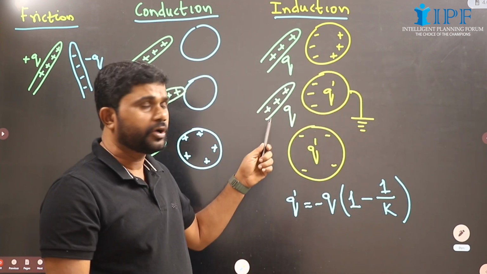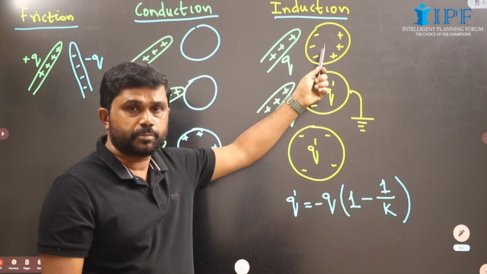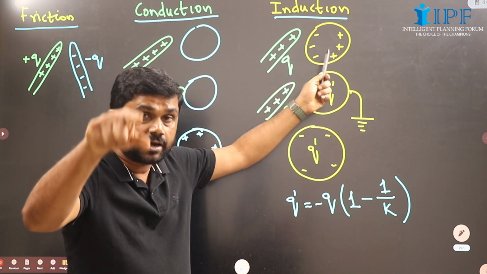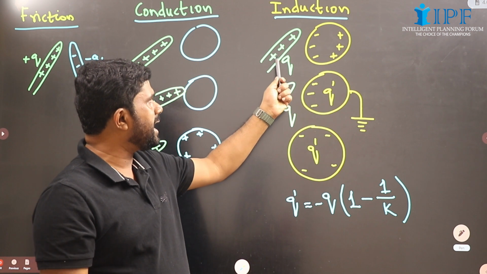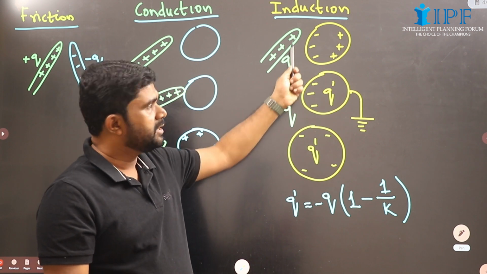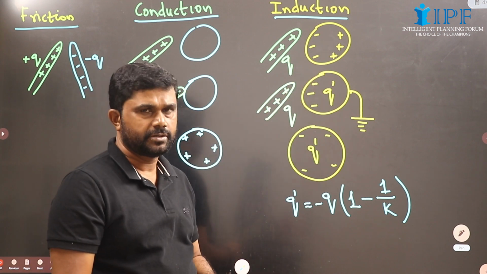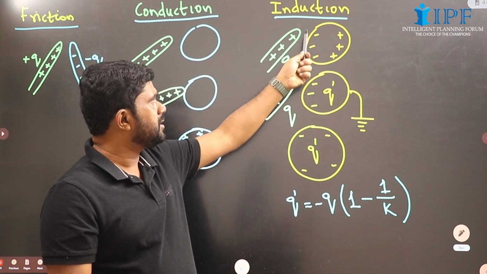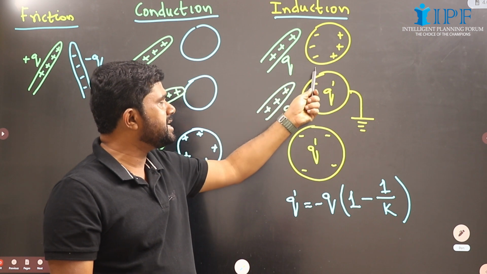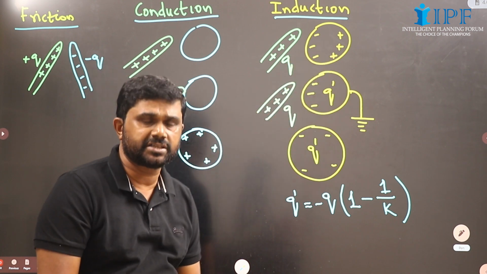Here the two bodies, charging body and charged body, are not in physical contact. When this body carrying certain charge is brought near another body, there will be charge separation. There will be opposite charge at the nearer end and similar charge at the farther end.